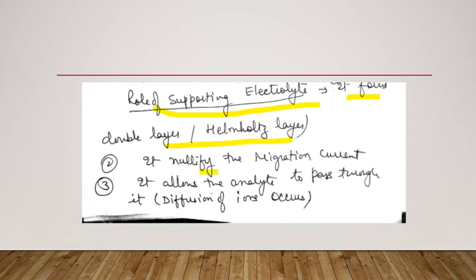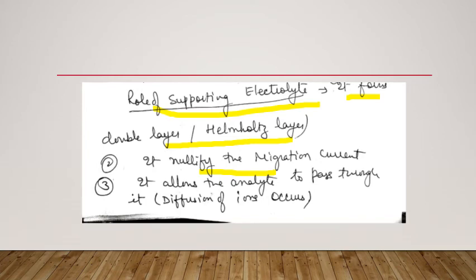How does it nullify the migration current? Because we are using it in a larger amount. That's why it is nullifying. Otherwise, the current goes on being produced, and the current which we are getting is because of the migration current. So it does not give the proper analysis. Understood? If only the electrolyte is moving and generating the current we observe, that is not of your analyte, so that does not give your analysis.